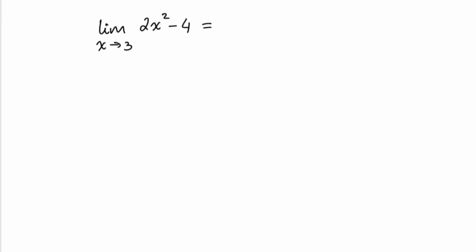So this equals 2 times 3 squared minus 4. Therefore, the limit of 2x squared minus 4 as x approaches 3 is equal to 2 times 9, which is 18, minus 4, 14.